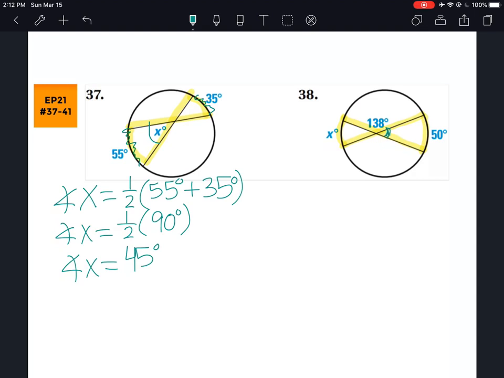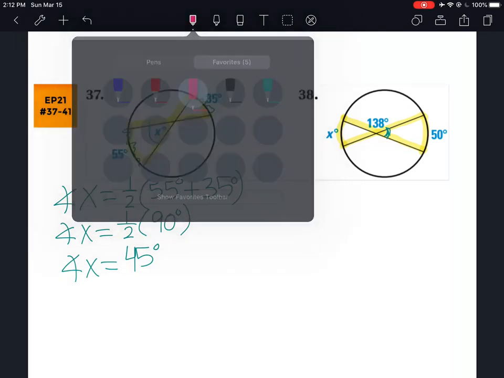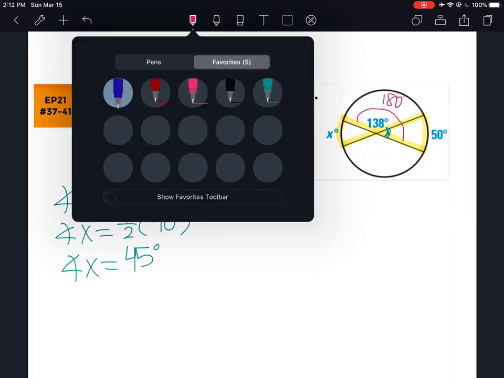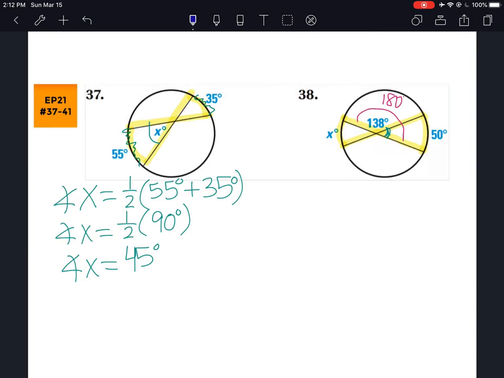and not the 138. So to do that, we have to remember how many degrees in a line. There is 180 degrees. So if I took that 180 and subtracted 138, I would get my missing angle. So first step, 180 minus 138, and I would get 42 degrees.